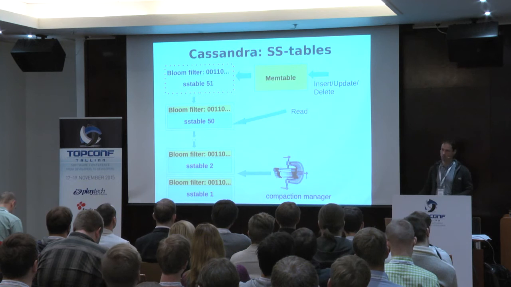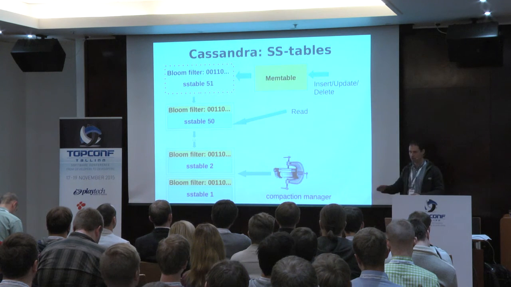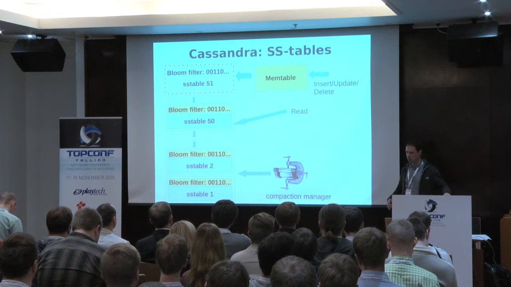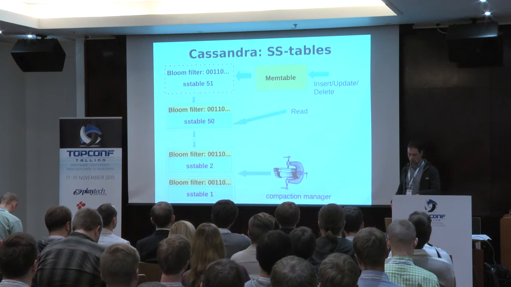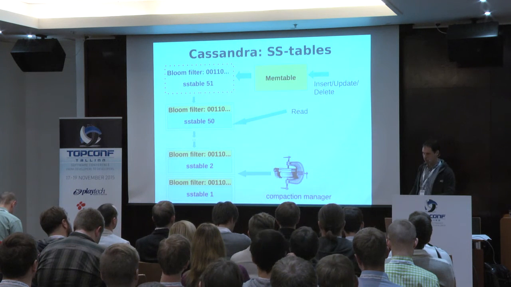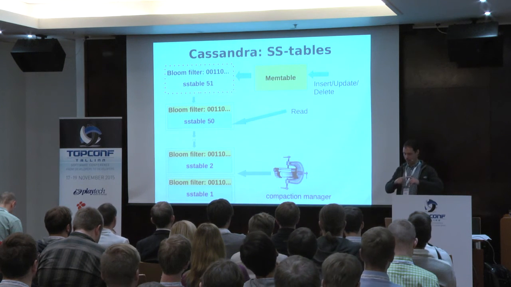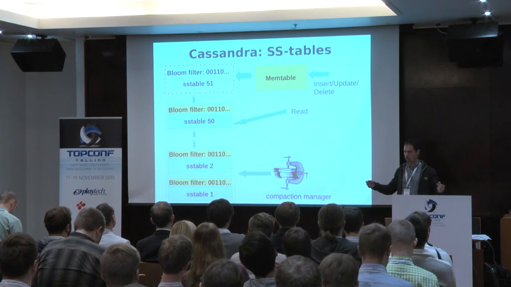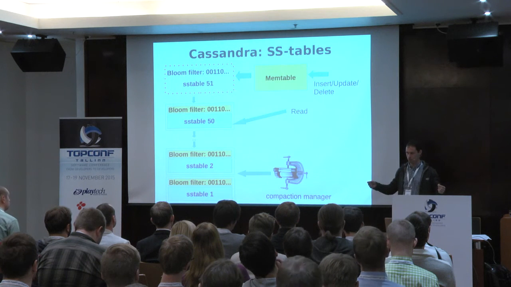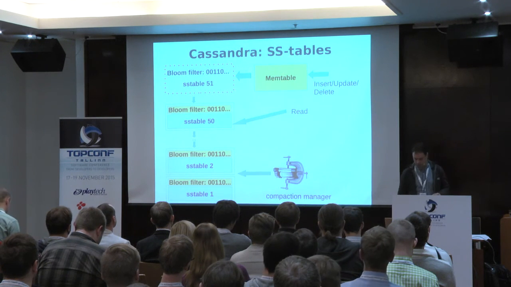It may take even several days that your obsolete data is still stored on the disk, and you should know that you have to have some reserve of disk space when you use Cassandra.